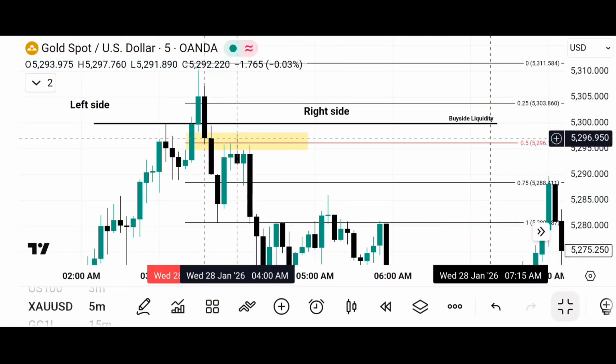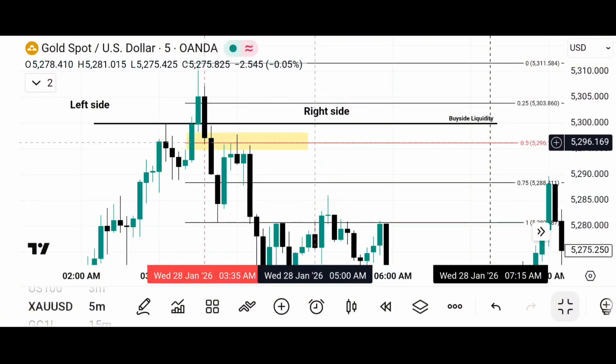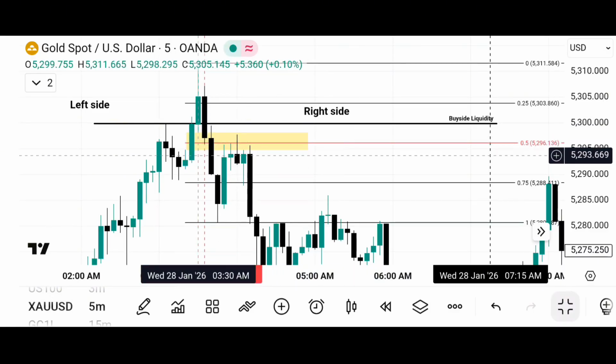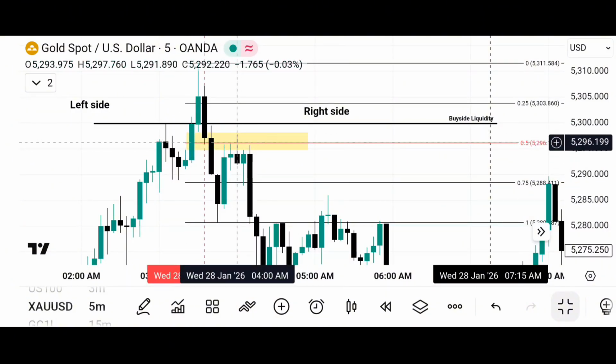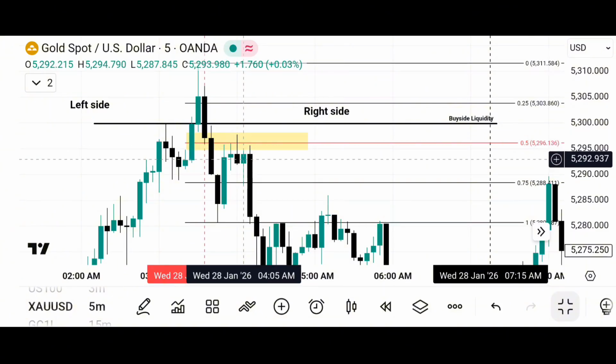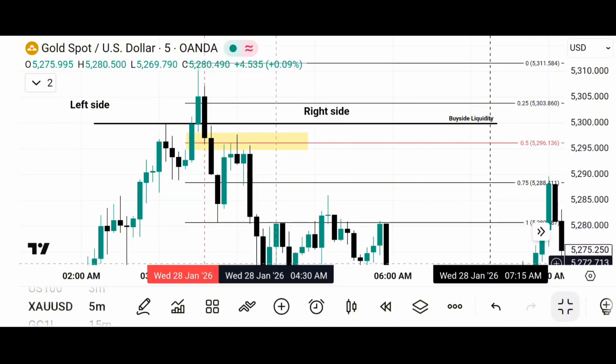You can see price trading above this 0.5 midpoint into premium, making use of this bullish fair value gap formed on the left side of the curve. It's making use of it as resistance, acting as premium at the right side of the curve to trade down.